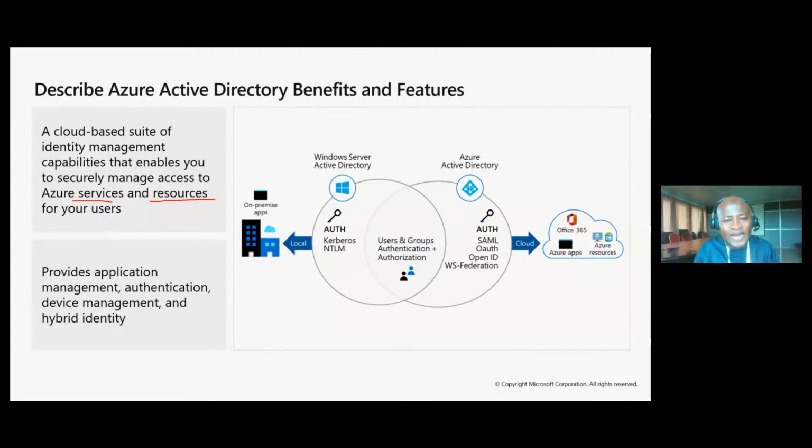Now, what Active Directory in Azure also does is that it provides application management, authentication, device management, and hybrid identity. If somebody asks you, from the basic definition of Active Directory in Azure that we have understood from this discussion, what are the benefits? What service does it offer? It provides application management. The access that we have into that Active Directory helps us to make use of application management, authentication, device management, and hybrid identity.